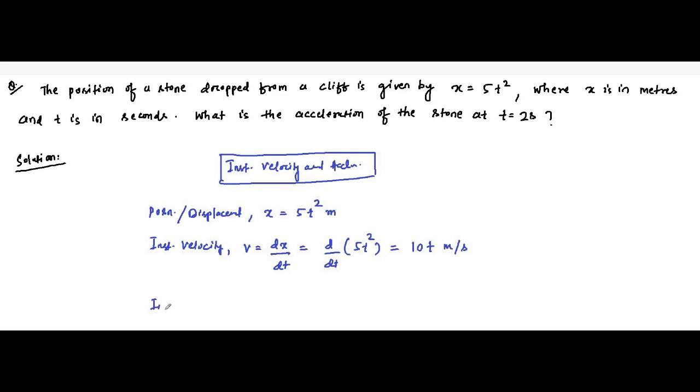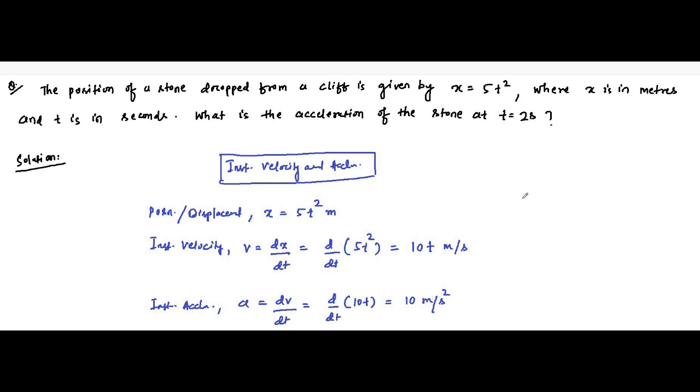Then instantaneous acceleration a is equal to dv by dt, the rate of change of velocity, that is equal to d by dt of 10t, which is equal to 10 meters per second square.